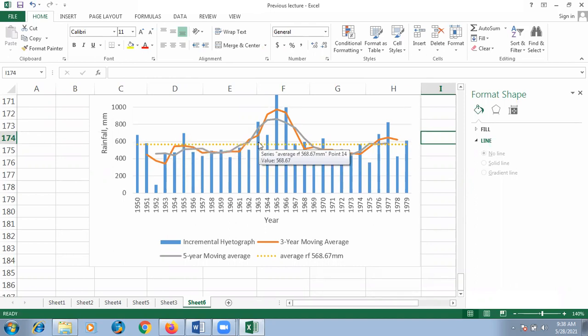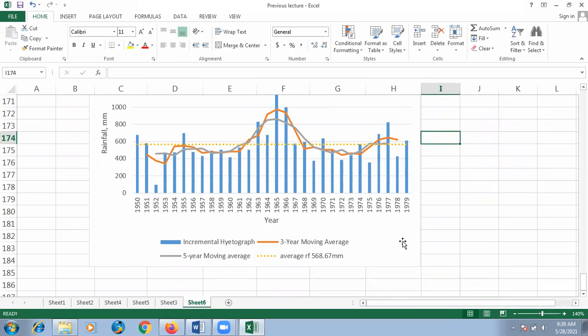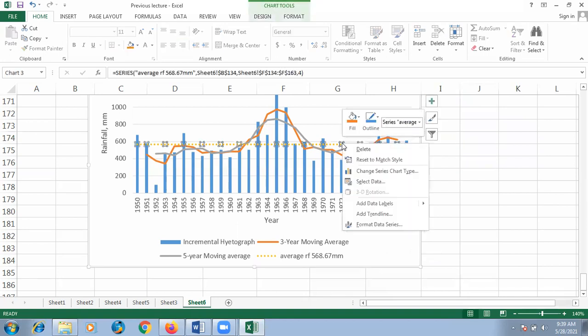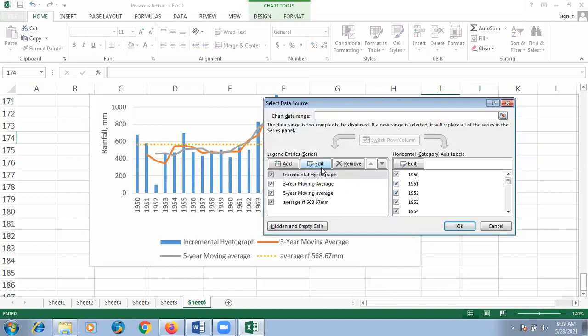And this year here. So all bars above this yellow line indicate years in which the rainfall is greater than the mean value. And similarly, if you wish to take 20% of the mean value, I will add another one.